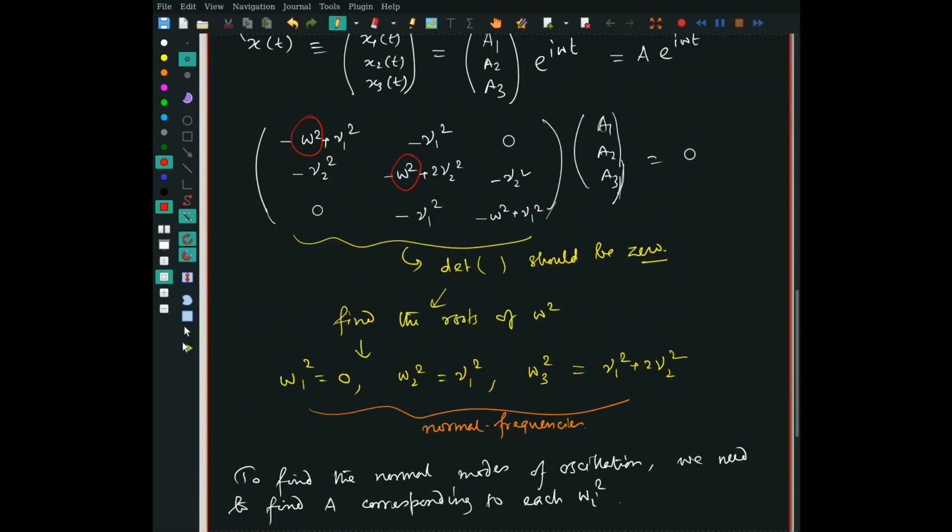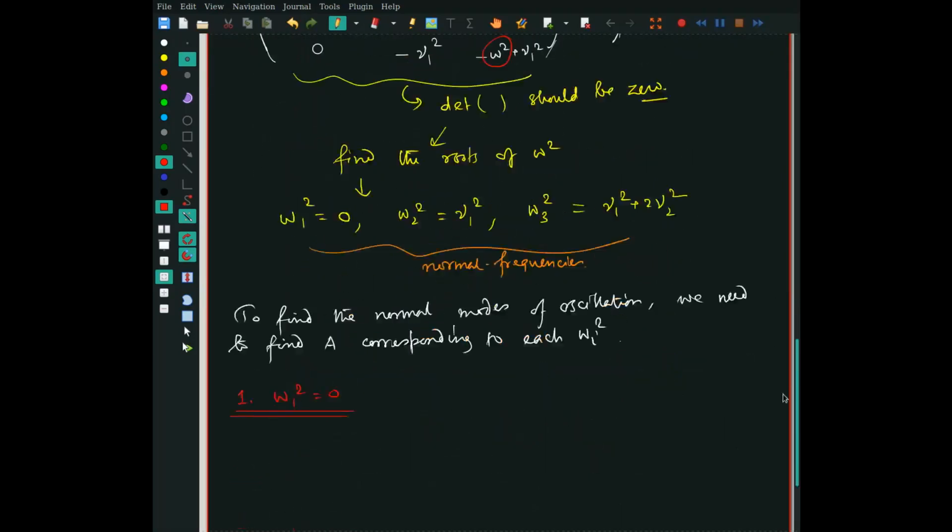So put the value of omega square. All right. So if you put the value of omega square here, you will see that you get a1 equals a2 equals a3. If this is 0, then this is just nu 1 square minus nu 1 square. So basically it tells you a1 minus a2 equals 0.